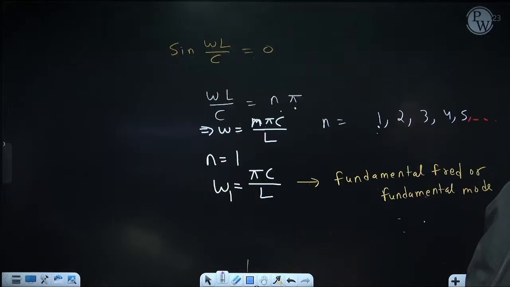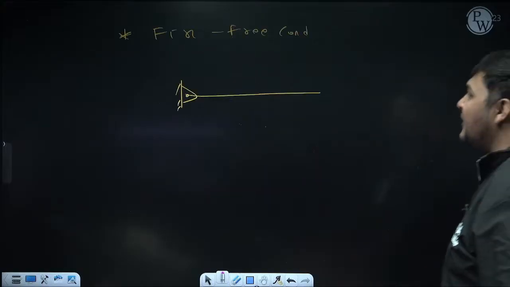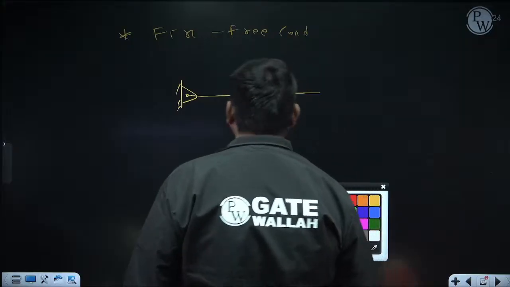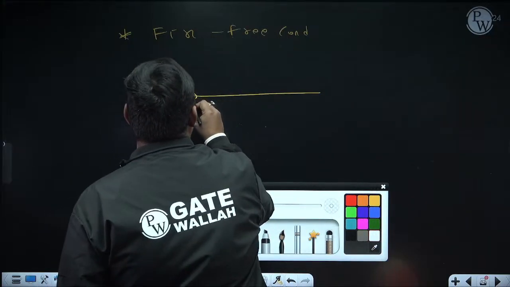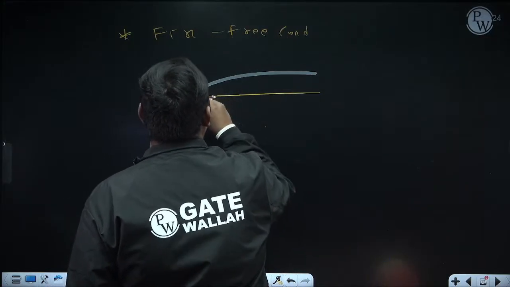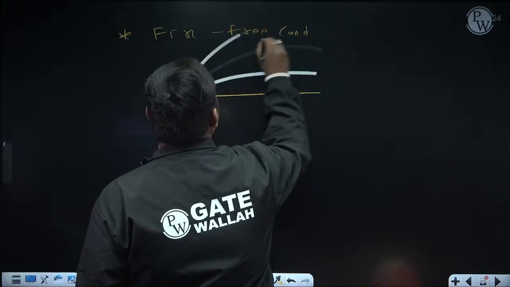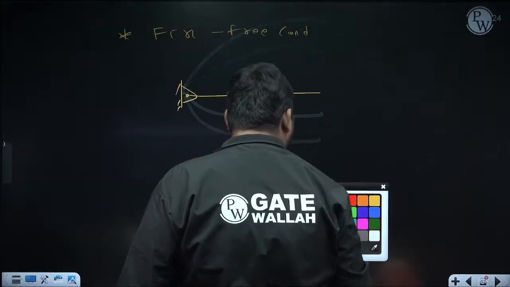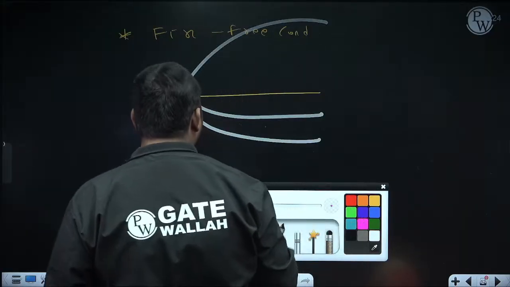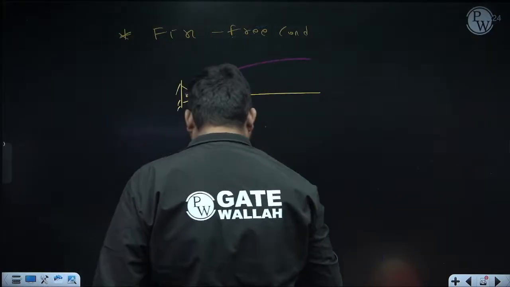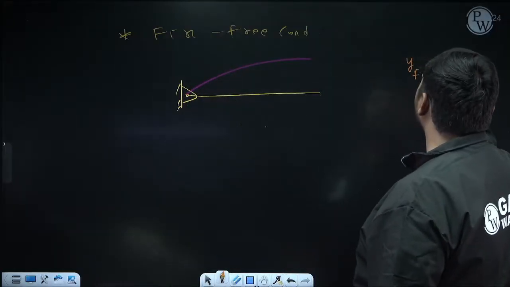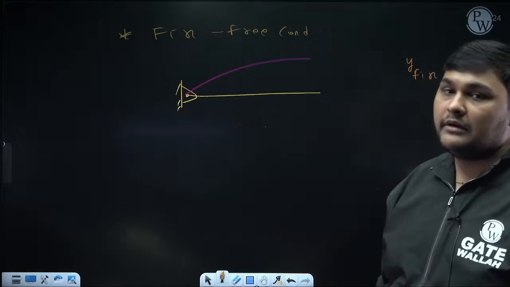Now I am discussing this vibration in the fixed-free connection, for any one mode. See, when vibration occurs, it occurs like this. This is one mode. But what conclusion do I want to make from here? It is obvious that the end which is fixed, the displacement of that end will be 0.